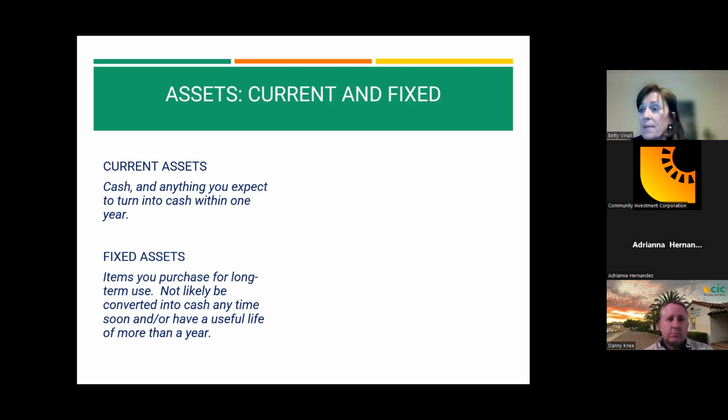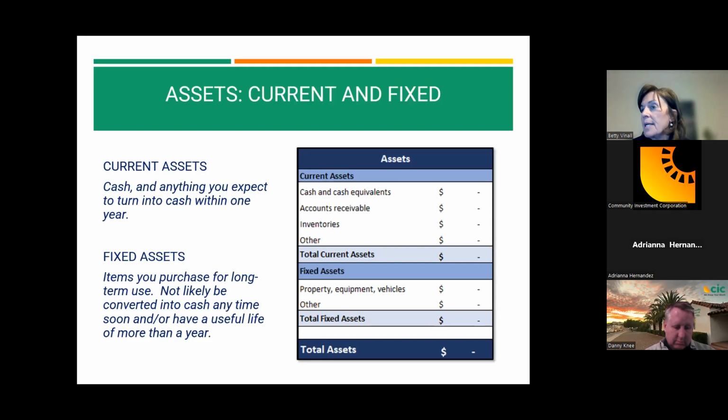We also have fixed assets. Fixed assets are longer term purchases. This is where you would have something whose useful life is more than a year. And here's just a little chart to give you some ideas.